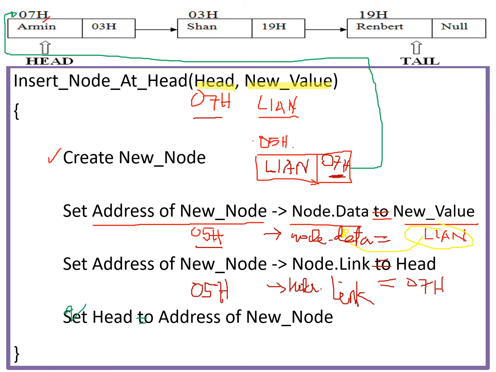So, head is equal to address of new node. Address of new node is 05H. So, 05H will be assigned as the head. So, head will now be 05H. So, this now will be the head. Ito, mawawala na yung reference sa kanya.